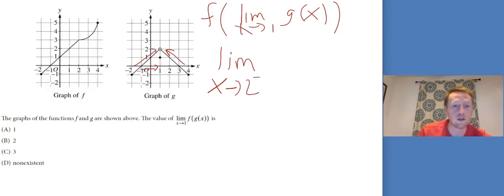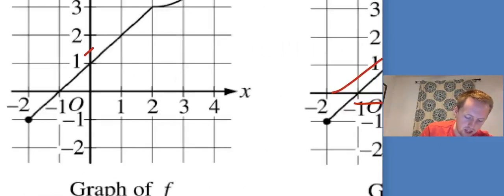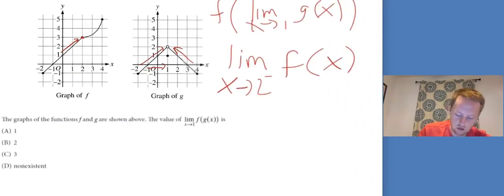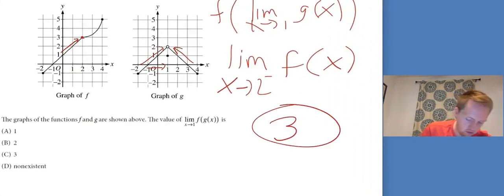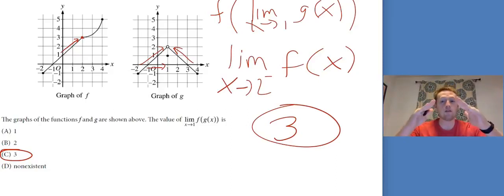So this turned into a one-sided limit for f of x. Well, as x goes to 2 from the left, we're going to 3. So this is just 3, which is c. The only weird thing was that it turned into a one-sided limit because g was coming from below 2 on both sides of x equals 1.